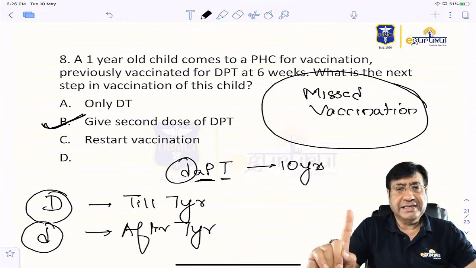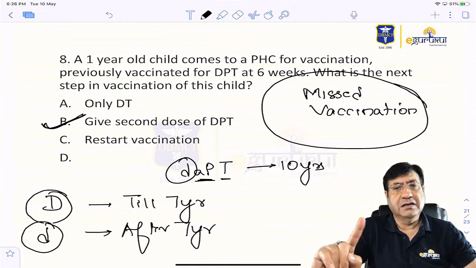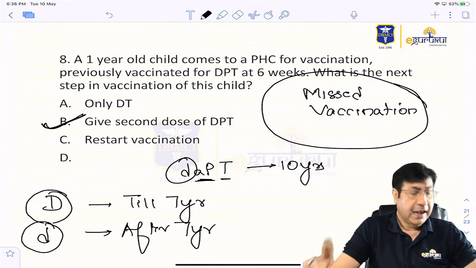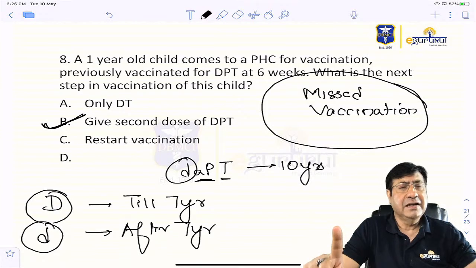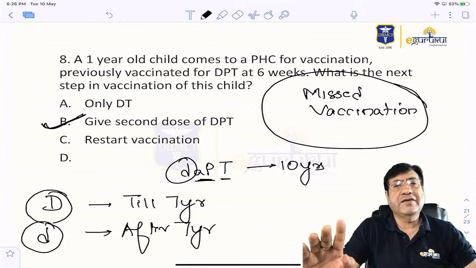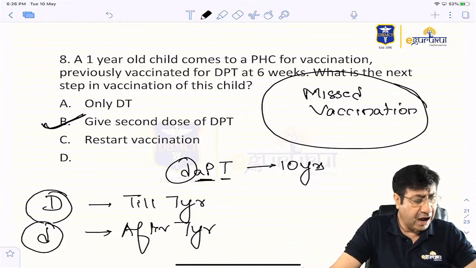So nonavalent vaccine is licensed for boys and girls, but bivalent and quadrivalent vaccines are only licensed for girls. And human papilloma virus vaccine is an intramuscular vaccine. It's a recombinant DNA vaccine and it is given to all children starting from the age of 9 years. So that answers the question.